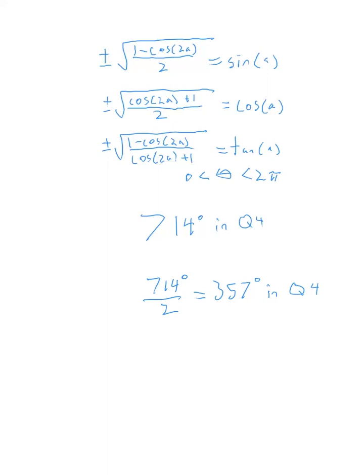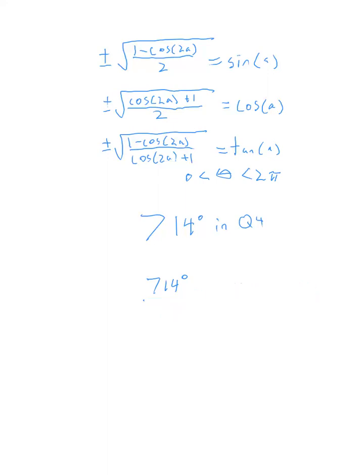But if you don't know what range of values your angle is between, then you can end up in any possible quadrant. Here's an example where the angle is in quadrant 4, but even half of the angle is in quadrant 4.